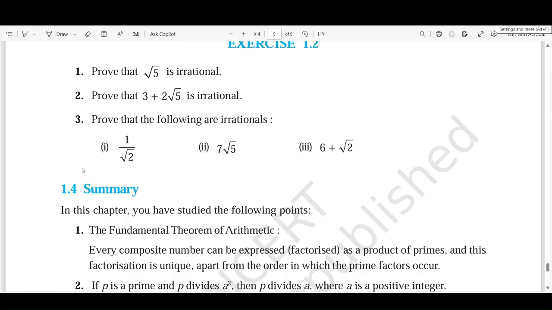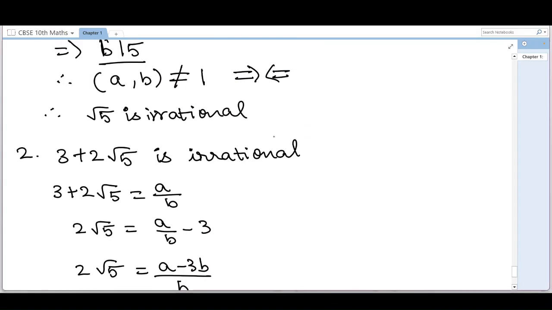The last one, prove that the following are irrationals. 1 by root 2. Let us assume that 1 by root 2 is rational.